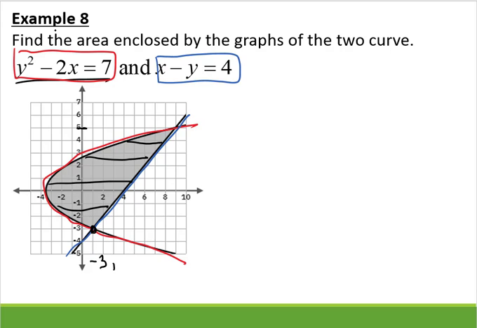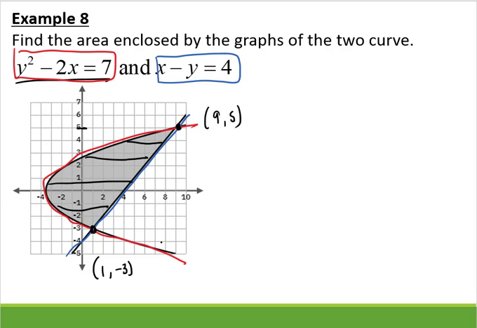I keep switching on my x's and my y's because I'm focused on the y. What is that? That is 9, 5. So, for this one, you couldn't even do this in terms of x because you don't have a y equals for this parabola curve. So that's kind of your clue that you need to do this in terms of y.